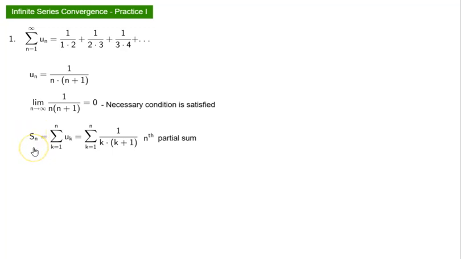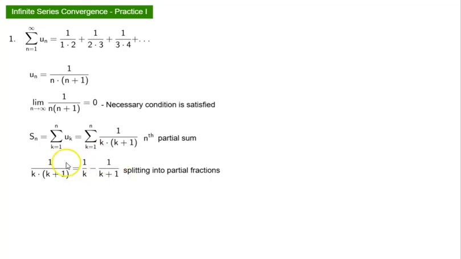Now here the nth partial sum is summation k equal to 1 to n of 1 by k times k plus 1. Let's split this fraction into partial fractions: 1 by k minus 1 by k plus 1.